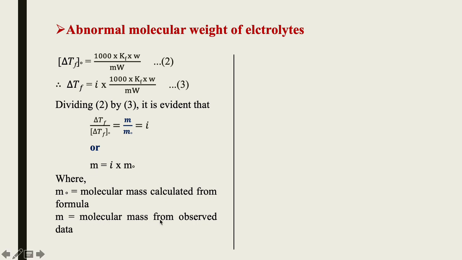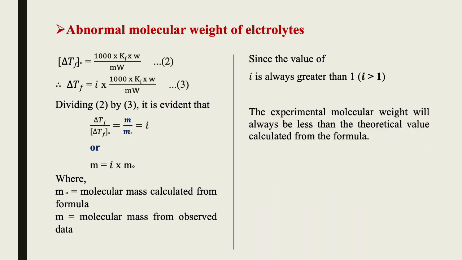and where m is the molar mass from observed data. So this is observed and this is calculated; this is theoretical and this is experimental. Since the value of i is always greater than 1 in the electrolyte solution, the experimental molecular weight will always be less than the theoretical value.